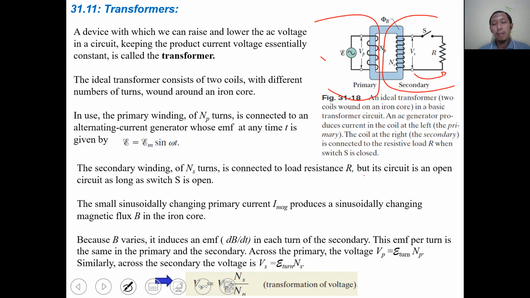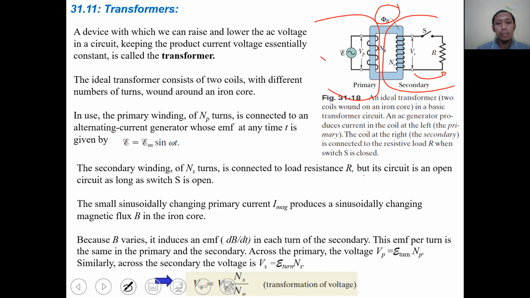From the primary turn the flux is transferred to the secondary turn, and from the secondary turn the voltage is transferred to the load. And then what is the ratio between the voltage and the turns?